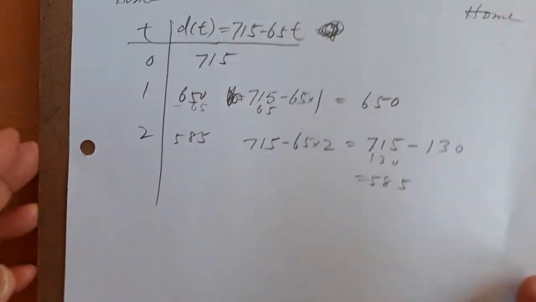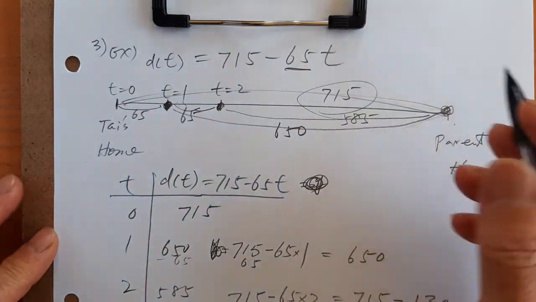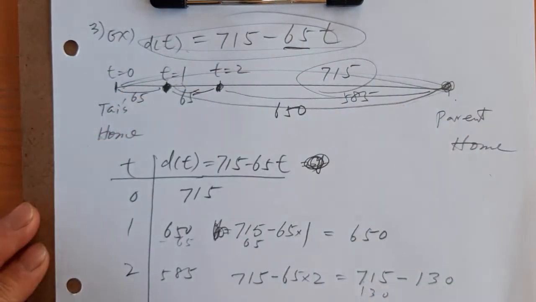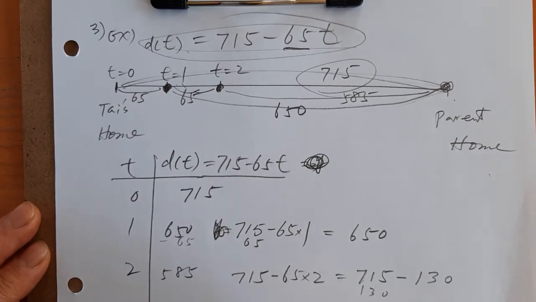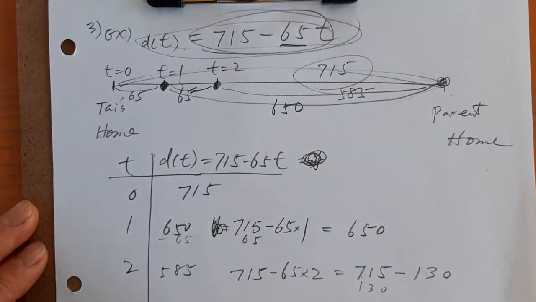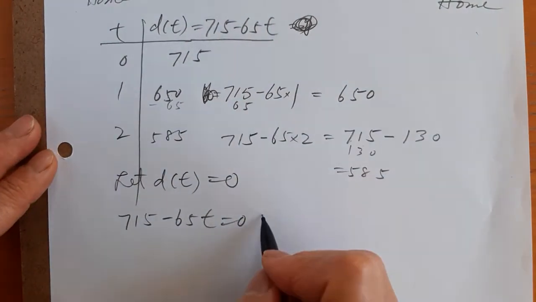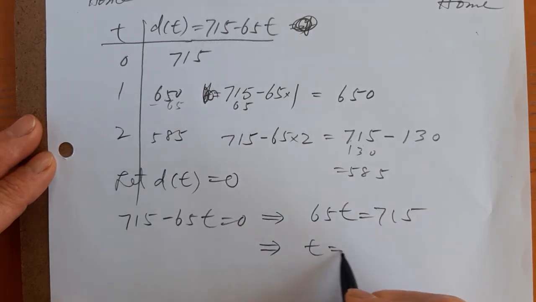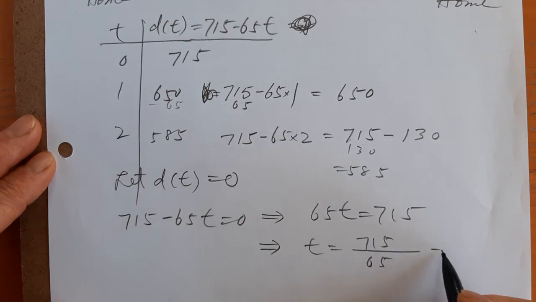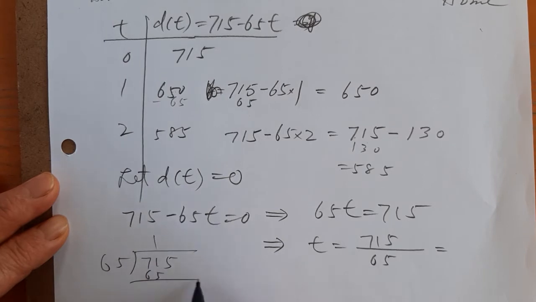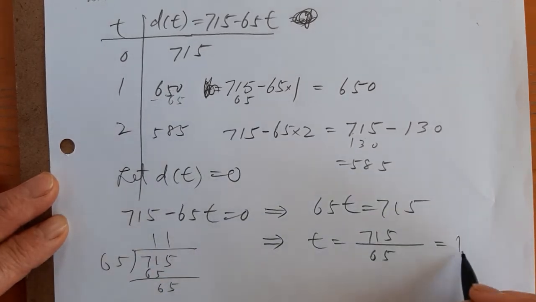When he arrives at his parents' home, the distance away from his parents' home is 0. There is no distance anymore. So let d of t equal 0 and solve for t: 715 minus 65t equals 0. So 65t equals 715, then t equals 715 divided by 65, which is 11 hours.